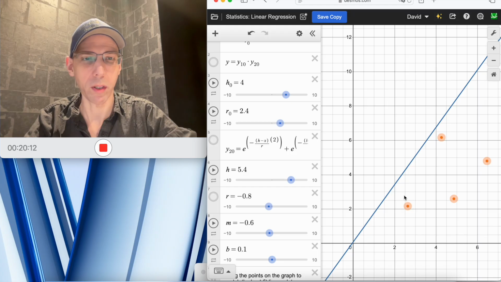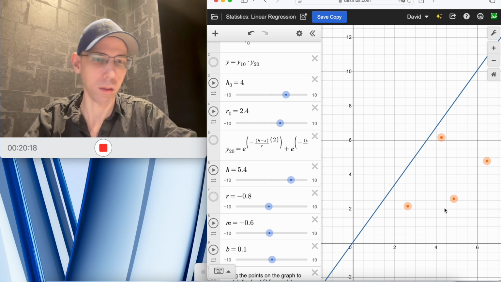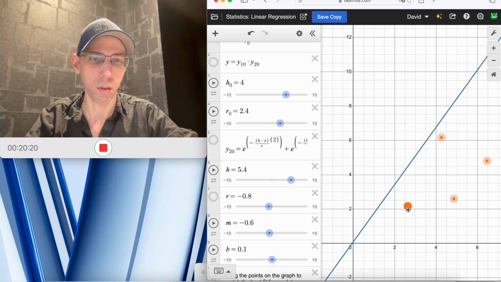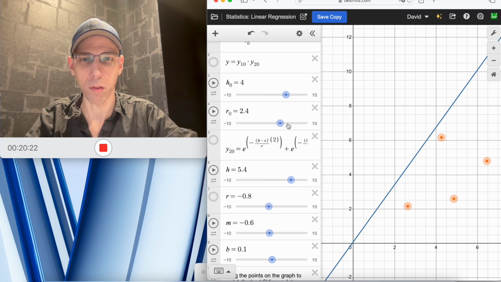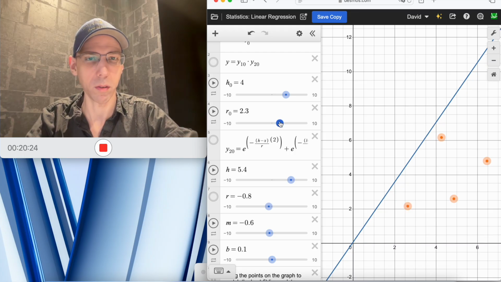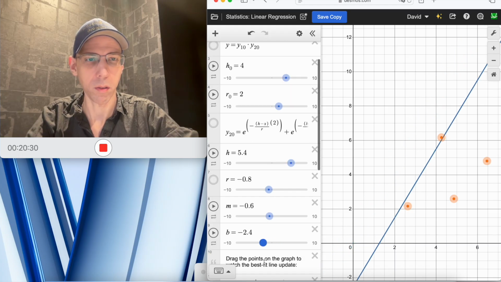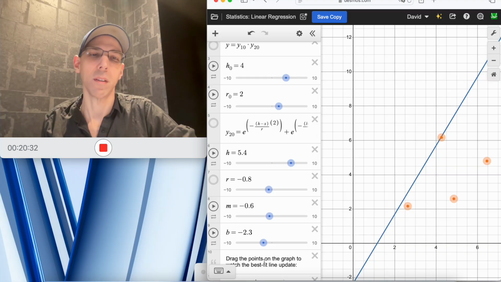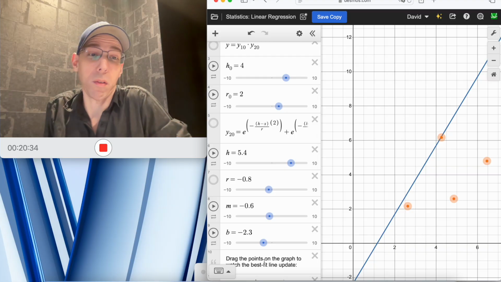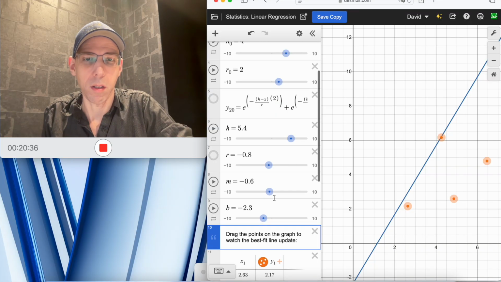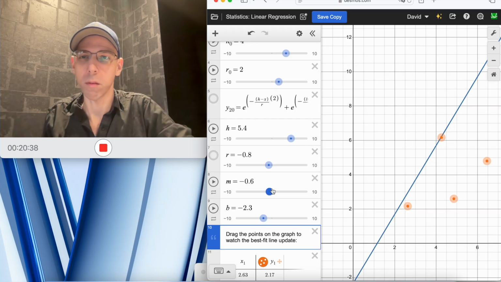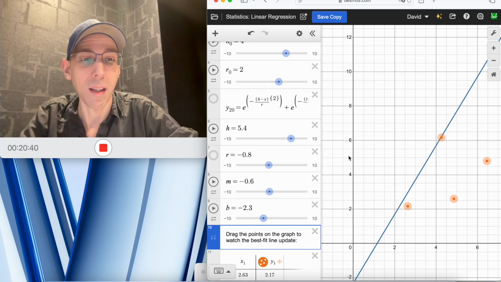Because it's 4 divided by, that's probably like 4.5. Yeah, so it's a slope of 2. That's what we have for r. So now the only thing is we're off by our intercept, and bam. Okay, not really the best fit, but without using a calculator, perfect, right?